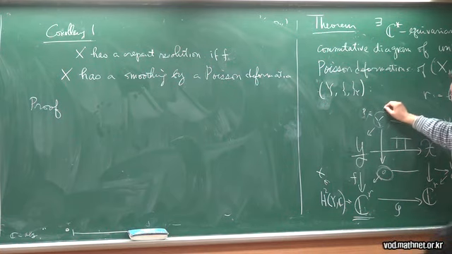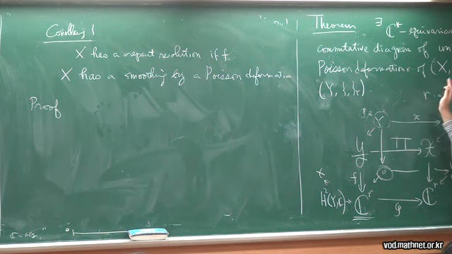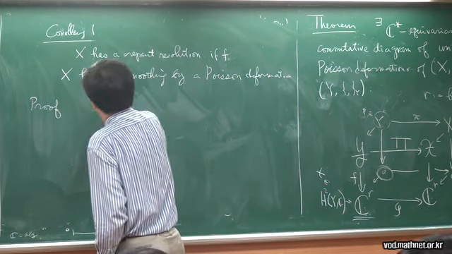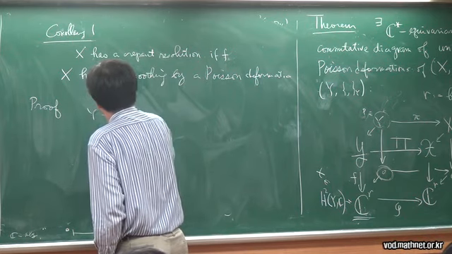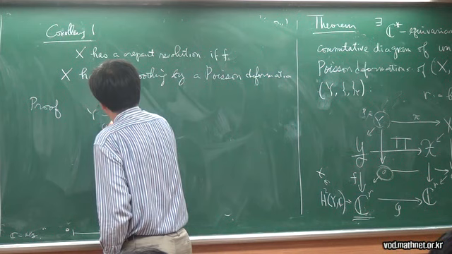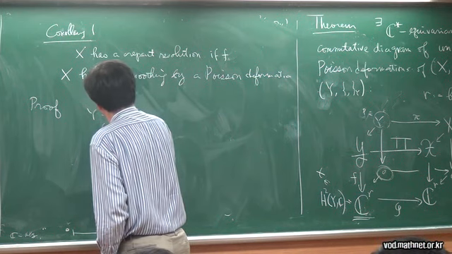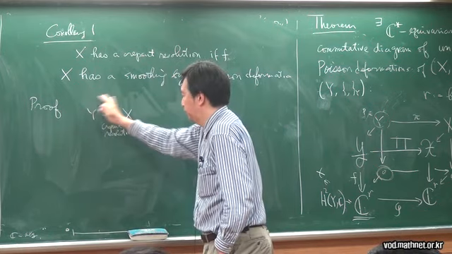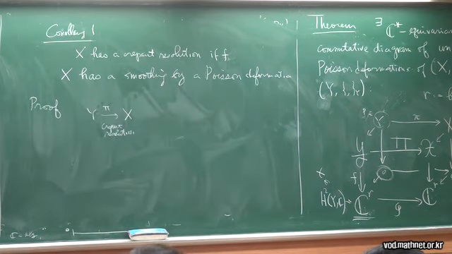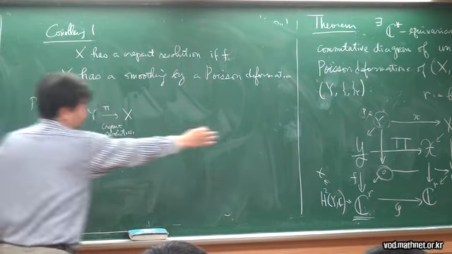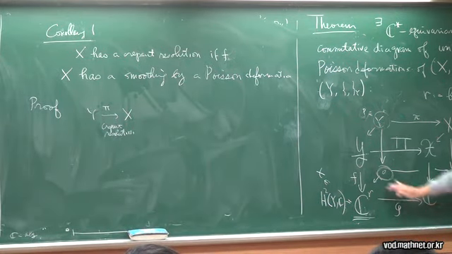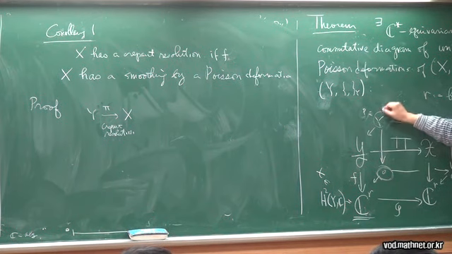Y is smooth. We apply this theorem to this Crepant resolution, and then we get the following commutative diagram.